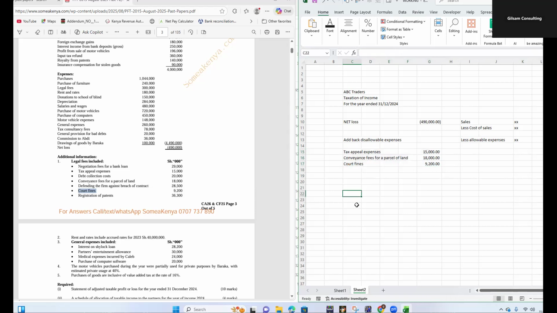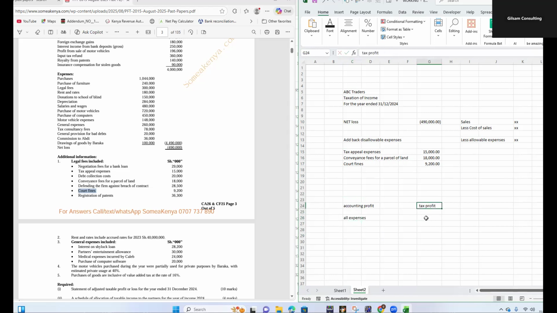Remember here we are comparing two things: the accounting profit and the tax profit. In accounting profit, you are allowed to claim or subtract all the expenses, regardless.